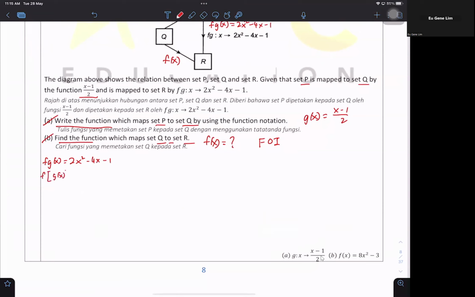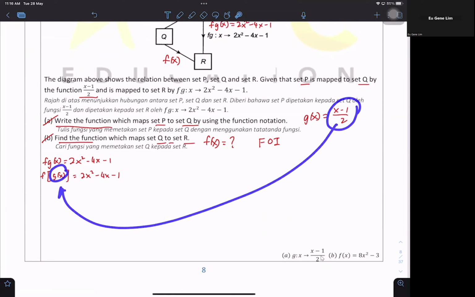You put the box around the inside. Then what is g(x)? You have g(x), yes. g(x) is (x minus 1) over 2, right? You can put it into the box.